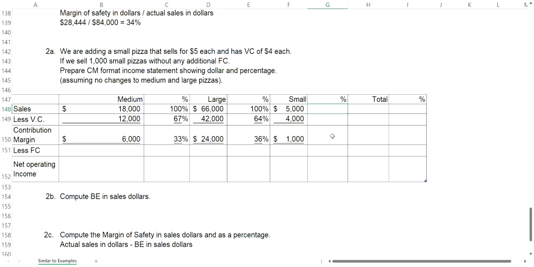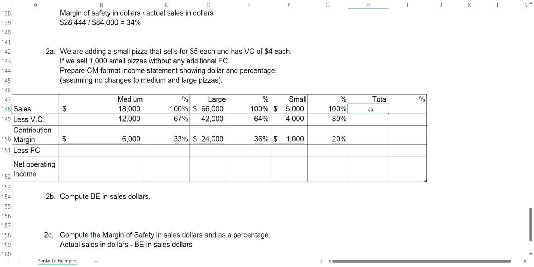Okay, so now again, the 5,000 would be my 100%. If I take 4,000 divided by 5,000, let's convert that to a percent. That gives me 80%. And 1,000 divided by 5,000 would be 20%.